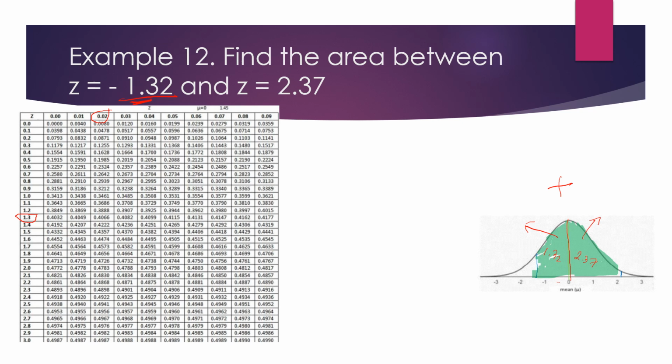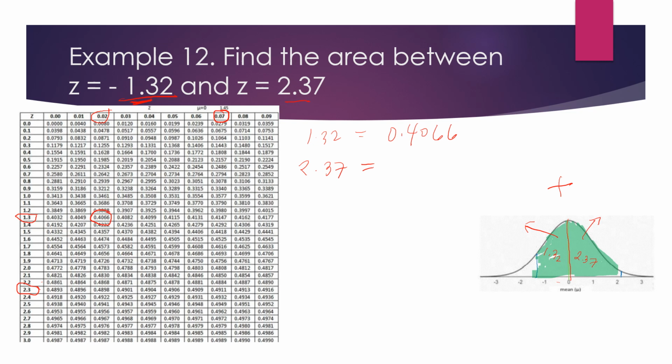So we have 0.4066. 1.32 is 0.4066, while 2.37 is equal to 2.3 first, and then 0.07, this one.